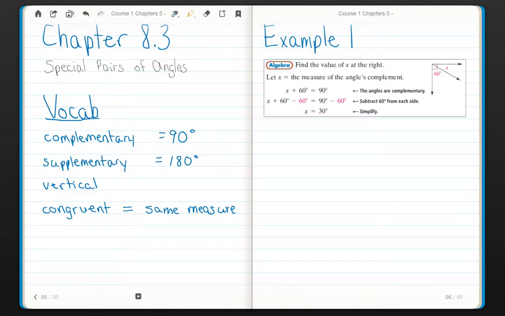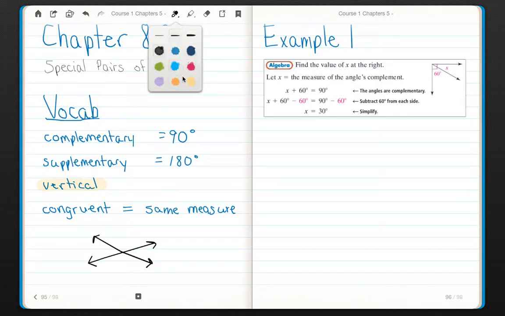Now, vertical angles, I'm going to come to down here at the bottom. So if I have 2 lines that intersect like this, and I label those as angle 1, angle 3, angle 2, and angle 4.